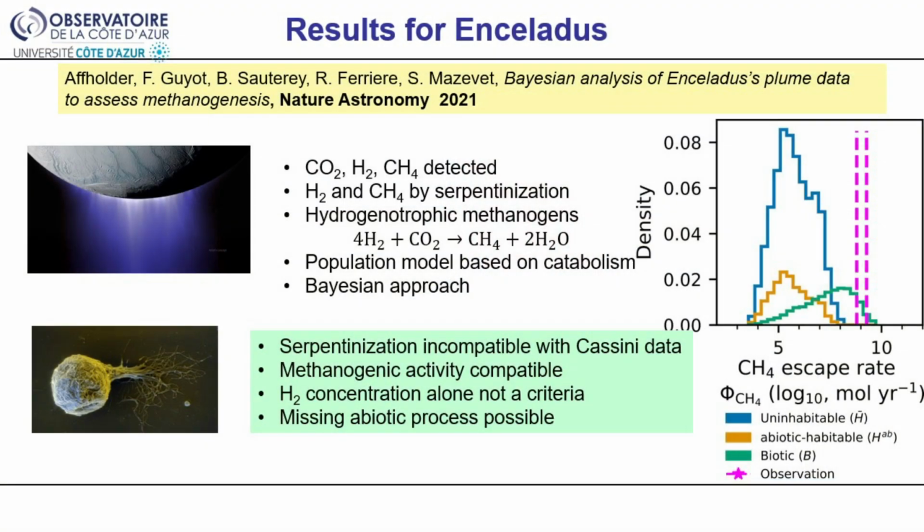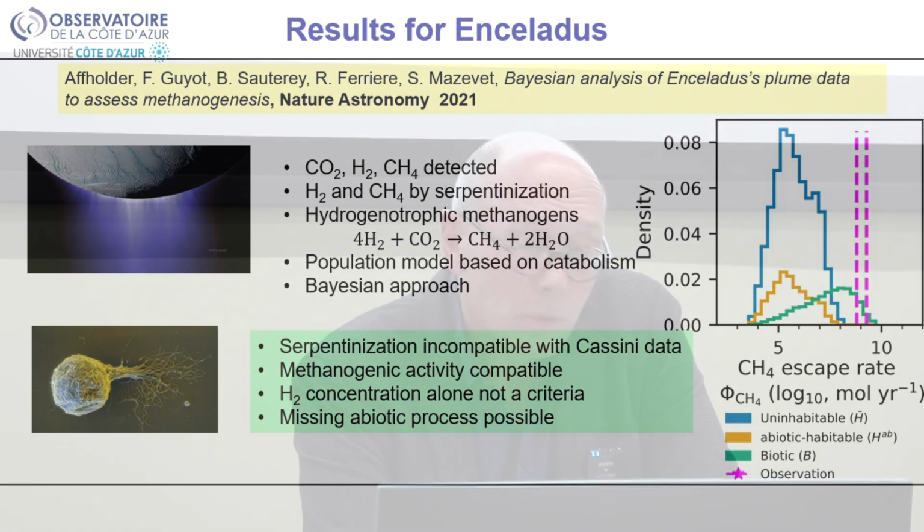So here you have density, and I was just looking at the methane escape rate because that was the big anomaly with the Cassini measurement. You see in purple or pink, you have the Cassini data. In blue, that's what you have with serpentinization. If you include the biology, you are going to consume CH4, so you are going to change the rate of CH4 produced, so you are going to find yourself here.